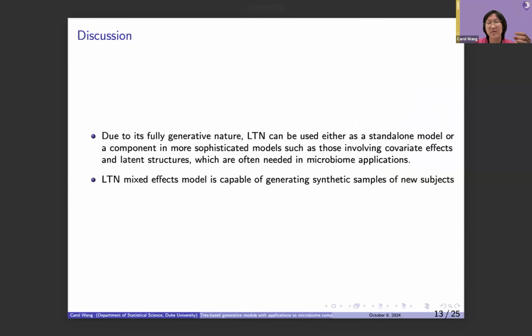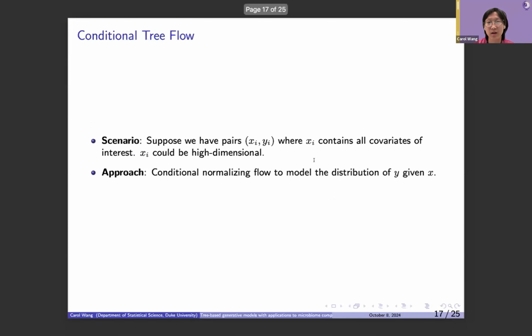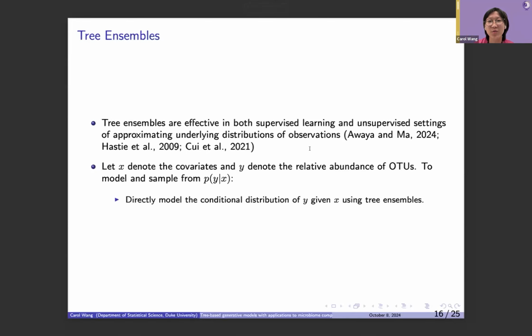And now that we have a pretty good single tree model, the next step is to actually borrow the idea from the more classical machine learning models, which is to do ensemble. So the methodology of normalizing flow actually allows us to do tree ensembles if we properly choose the class of transforms in the normalizing flow.